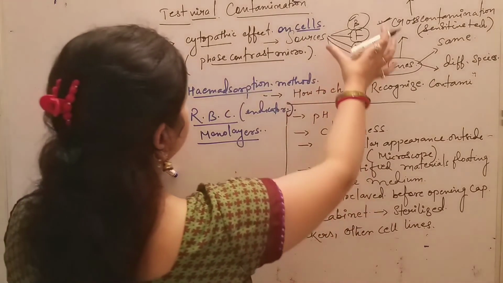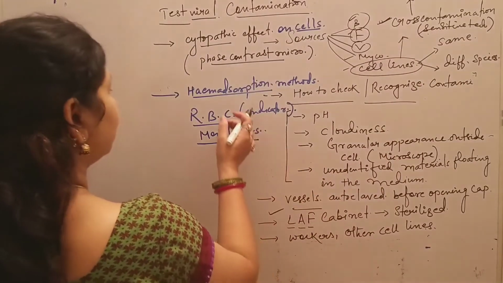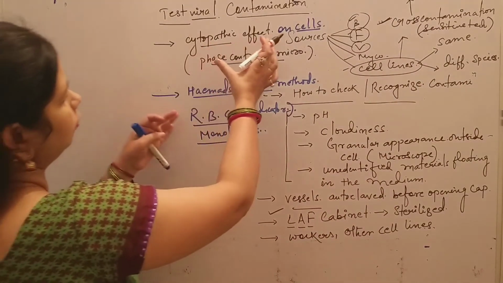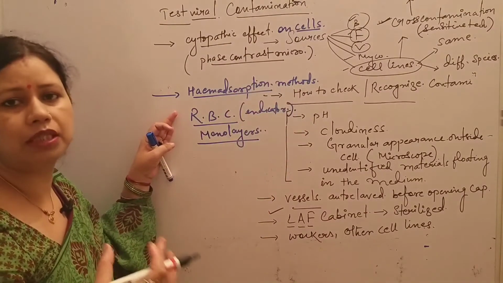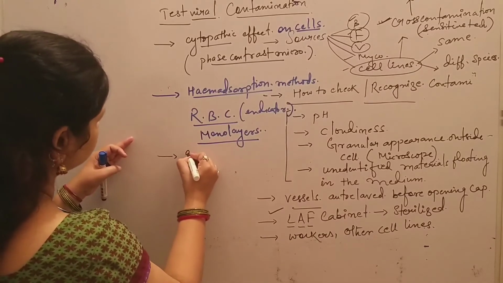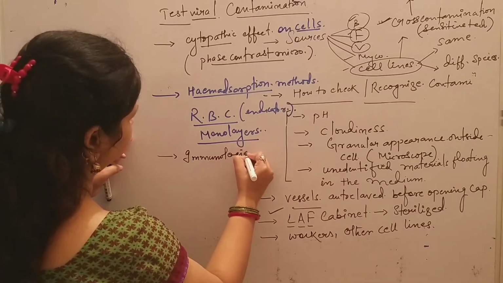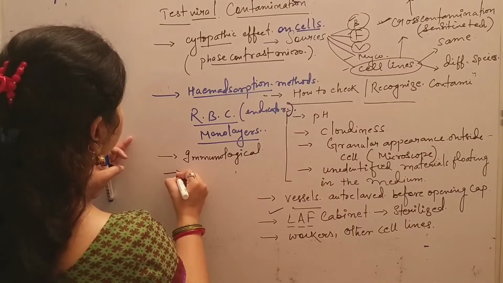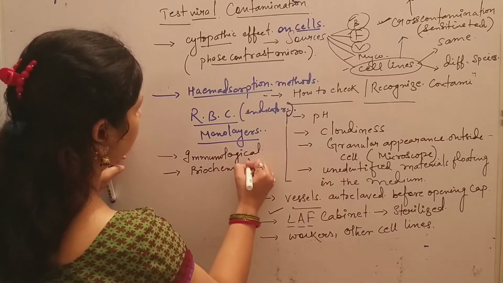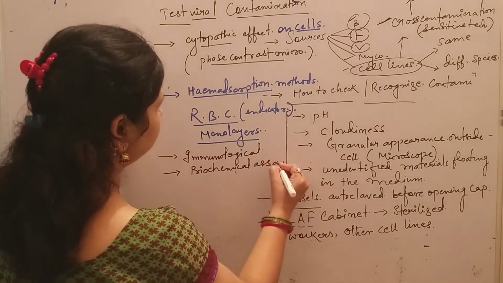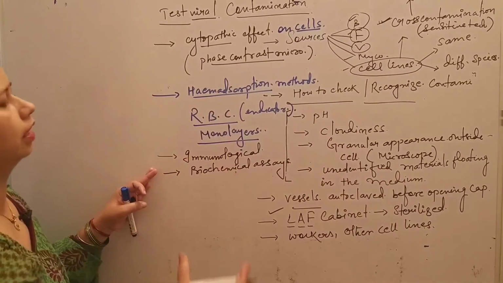I just forgot to tell one thing: along with the cytopathic effect and hemadsorption method, there are some immunological methods as well as biochemical assays also available to detect the viral contamination.